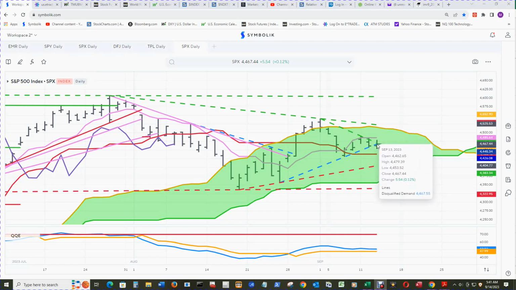And now there's another situation on the supply line, which for today is at 4463.60. If it opens above the supply line, closes above the supply line, but ticks lower than the supply line during the day, that would probably become disqualified too.